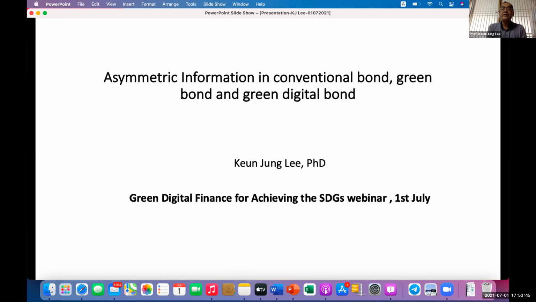Therefore, before I research asymmetric information, I have to show my paper on trust and transparency. My co-author is a computer scientist, because we want to research digitalization, mixing social science and computer science professionals.